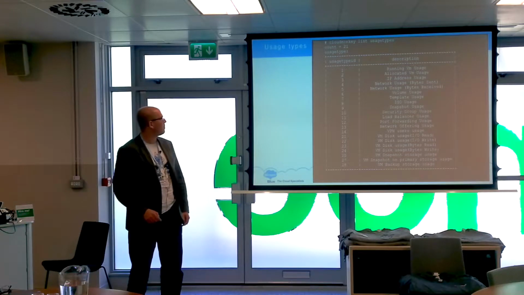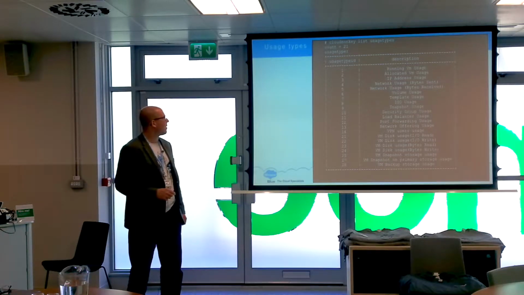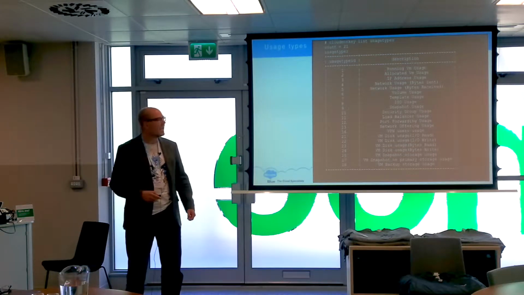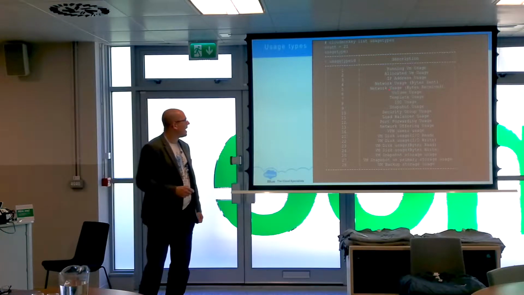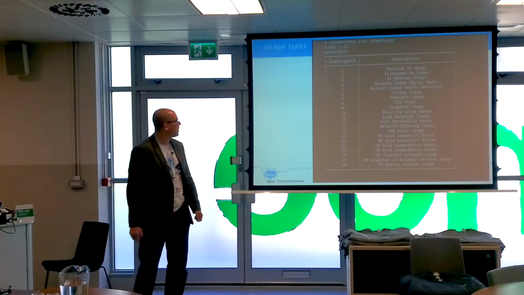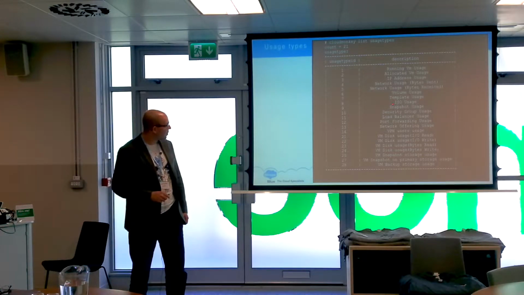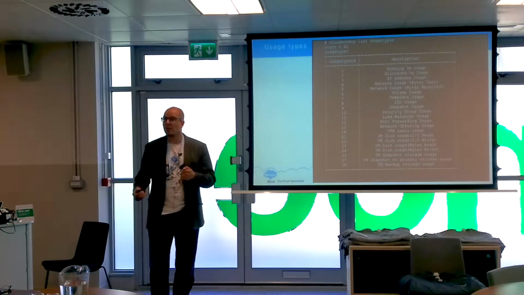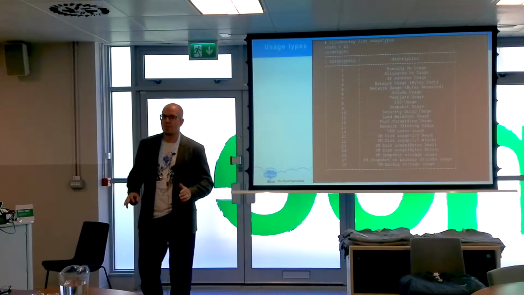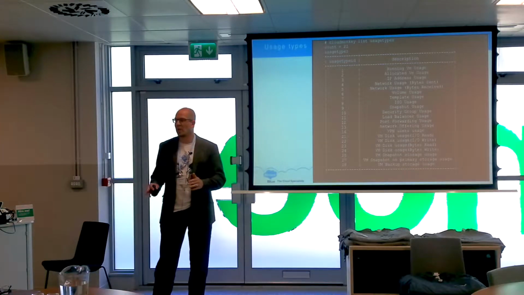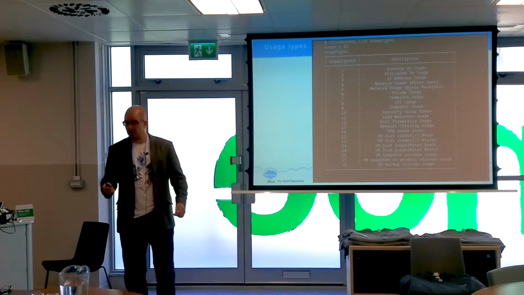If you look at the top here, it's obvious we start with our running VMs or allocated VMs. We have a few for networking, IP address usage, network usage, etc. And move on to storage with volumes, templates, and ISOs, etc. So this is all stuff that can be grouped on a per account and per domain basis in CloudStack.